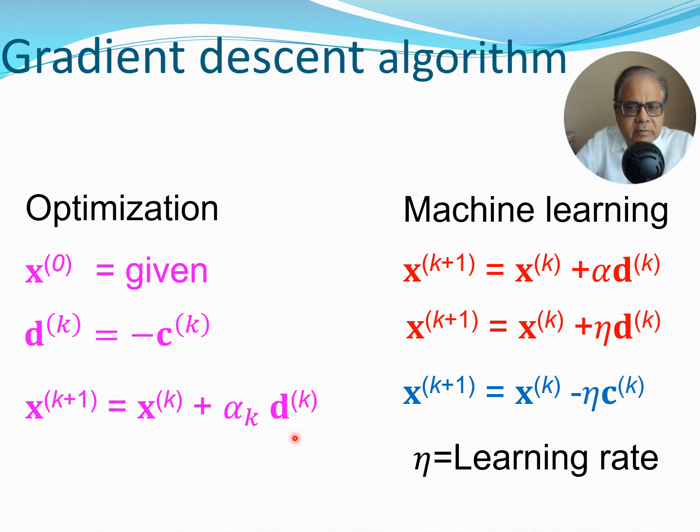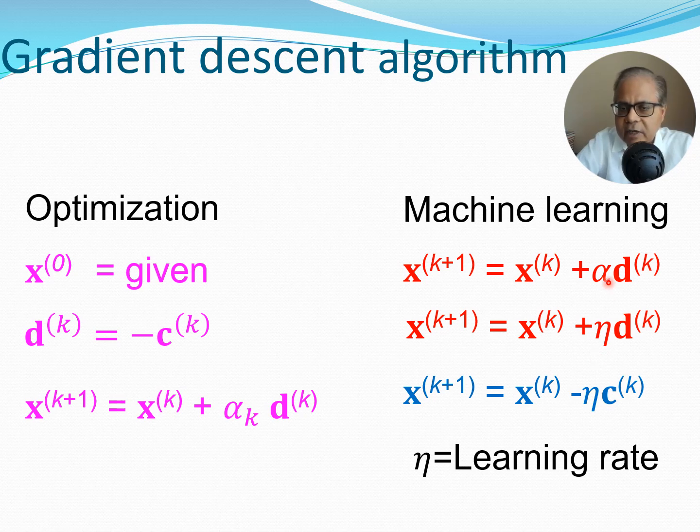Now what happens in machine learning is that you actually make this alpha k simply alpha. So instead of changing this value at each k, you have a typical value here which is kept constant in most cases, or it may be changed using some different algorithm. Now in machine learning they use a different symbol. Most of the time it is the Greek letter eta, and that's just nomenclature.